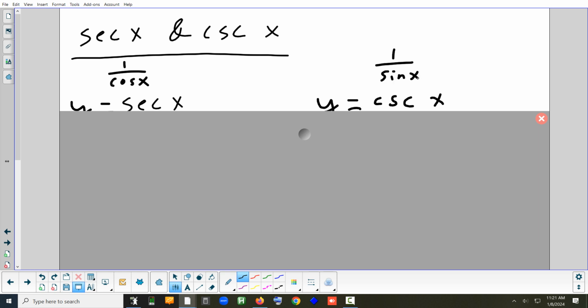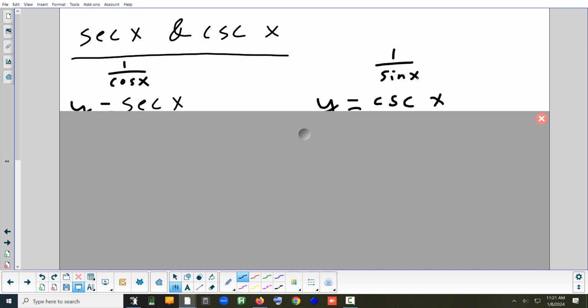Now, we just talked a little about sine and cosine. Does the cosine ever cross the x-axis? If you graph cosine, will it cross the x-axis? Just like the one we did last week. Yes.